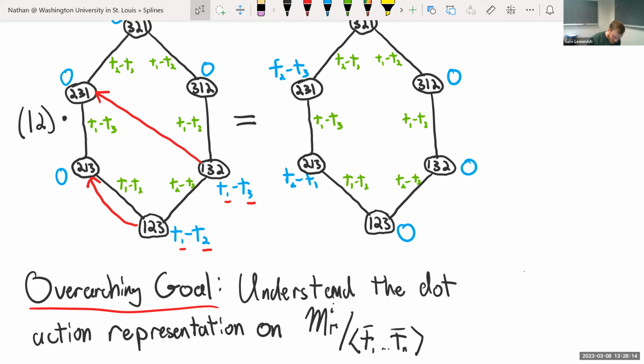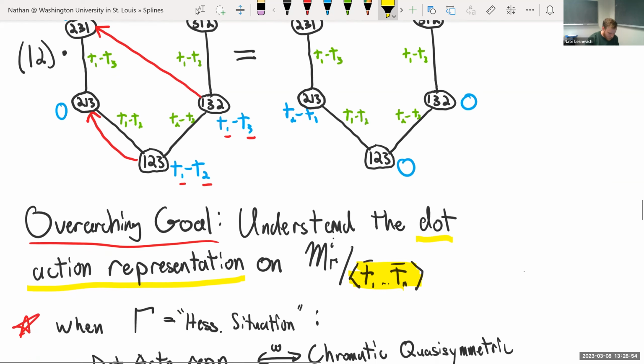In particular, the ideal that we mod out by before is S_N equivariant under this action, which means that our dot action up top can be pulled down to a dot action on our quotient, and now we have an S_N representation on a graded vector space, otherwise known as a graded representation. This is getting into the representation theory side of things. So what I really want to do is understand the dot action after I take that quotient.